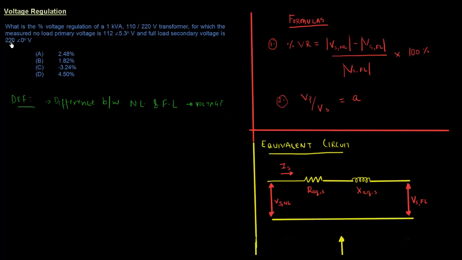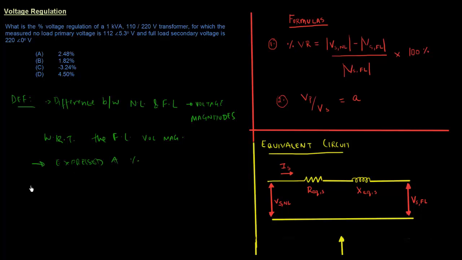So it's the difference between the no load and the full load voltage magnitudes with respect to the full load voltage magnitude, and it is expressed as a percentage.